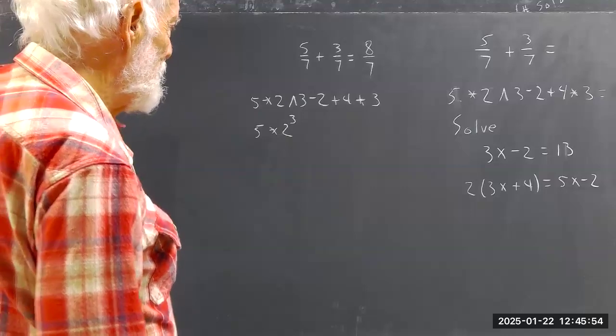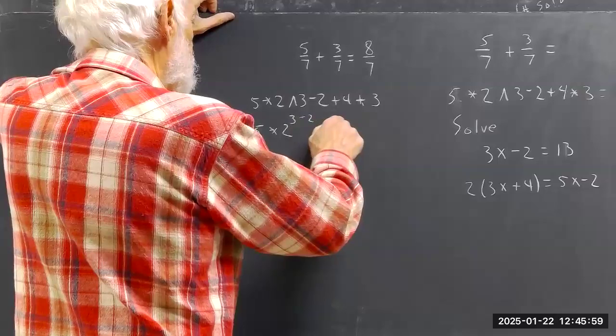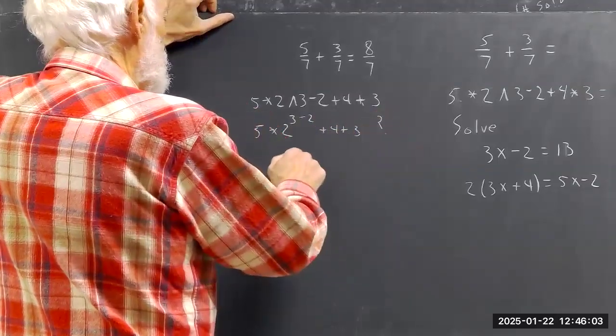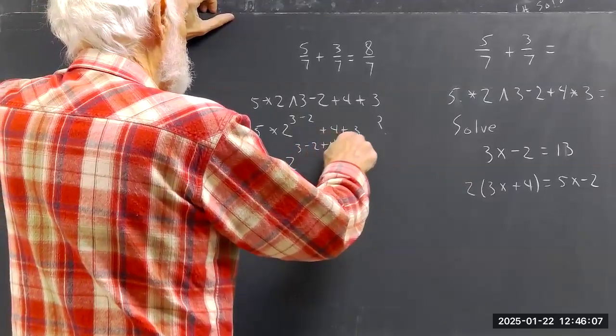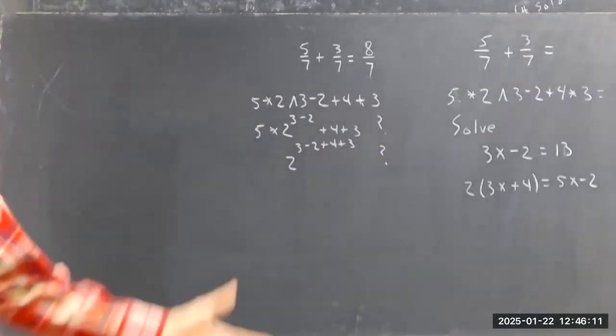But the question is, is that 2 to the 3 minus 2 plus 4 plus 3? Or is it 2 to the 3 minus 2 plus 4 plus 3? With the order of operations.